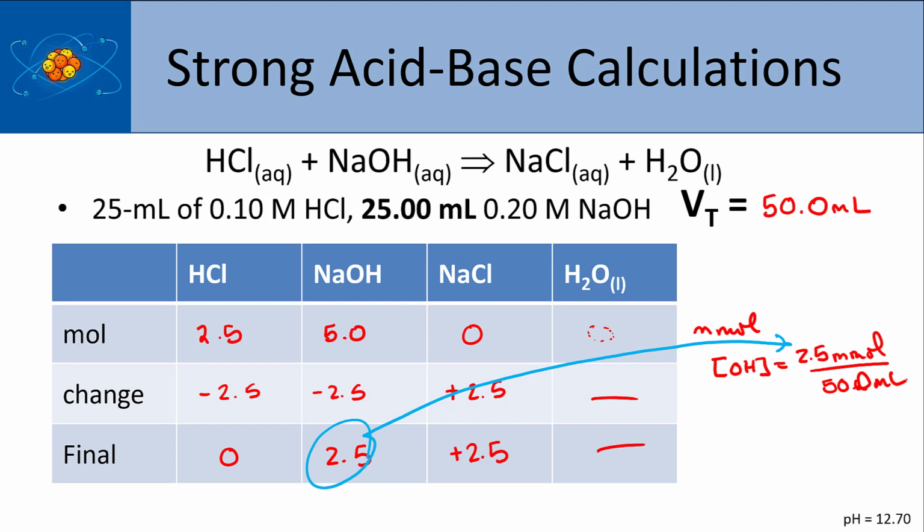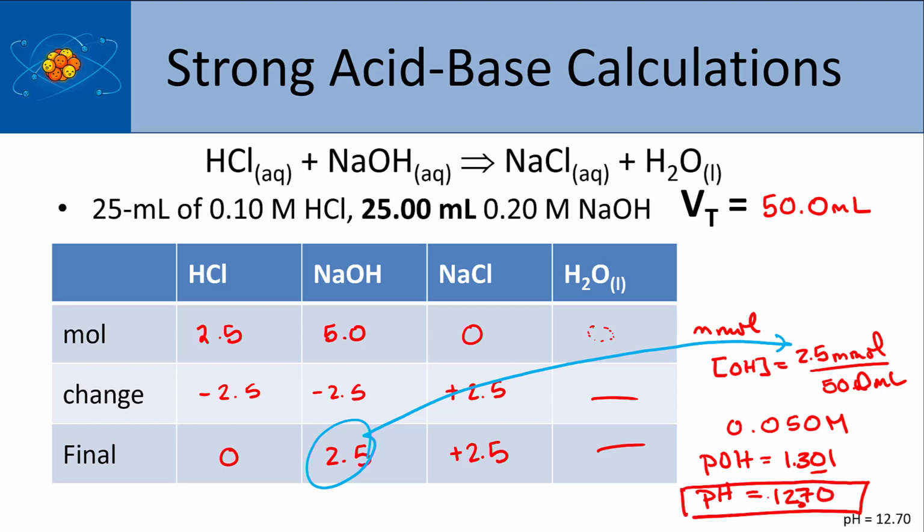And then what does that give me? That gives me 0.050 molar. So if I go on and calculate the pOH, pOH is going to be 1.301. I really only have 2 sig figs in here still. And then pH will just be 14 minus that value, so that would give you 12.70.